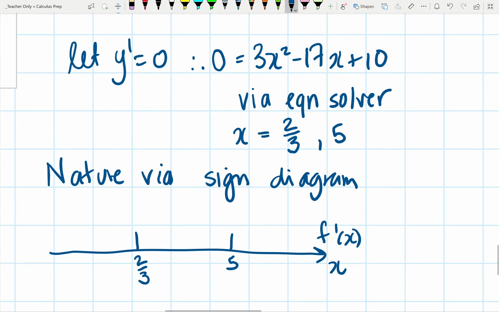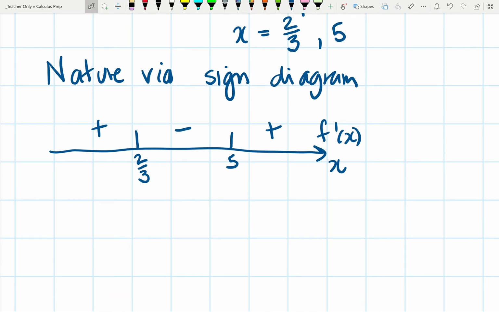And if you have a look at the derivative, the coefficient on x squared is positive, so it's the happy graph, which means that we've got positive, negative, positive. We draw the lines to show what that looks like. Positive slopes upwards. Our 0 has a slope of 0. Negative slopes downwards. The 5 has a slope of 0, and then positive slopes upwards.